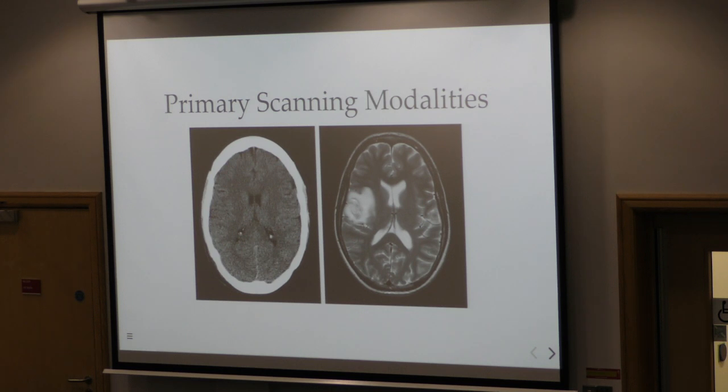By seeing how much it's been attenuated, we can identify what kind of tissue it has passed through. Attenuation is going to be more affected by dense materials, so bone in particular is really well picked up, whereas you don't see good distinction between the softer tissues in the brain.